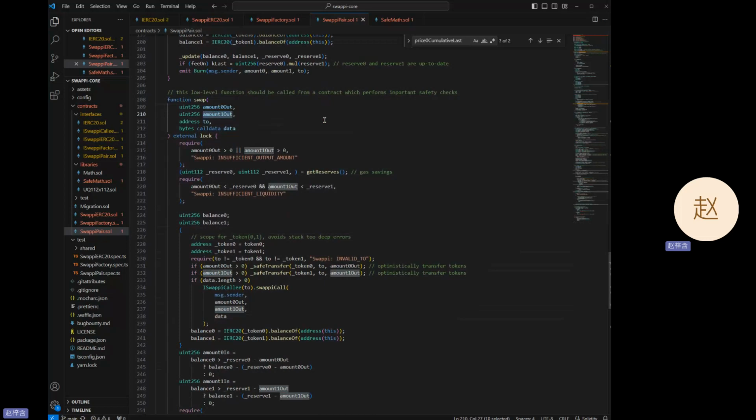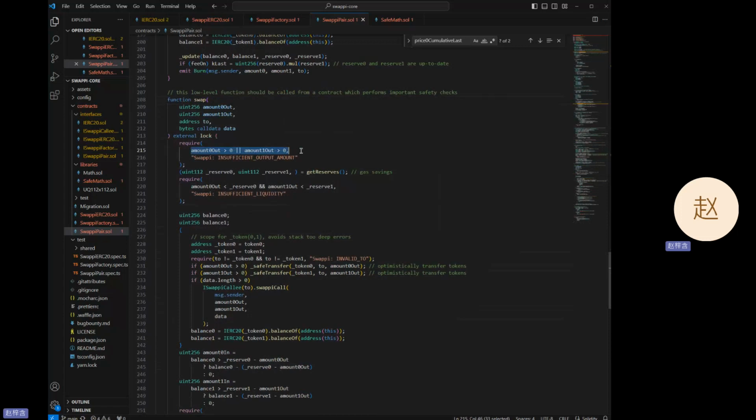Generally you can specify different amounts for these two variables, but the Swappi router contracts will determine that one of them must be 0. But if you directly invoke the swap function, you can specify different values for these two amounts, as long as your amount in has enough amount.